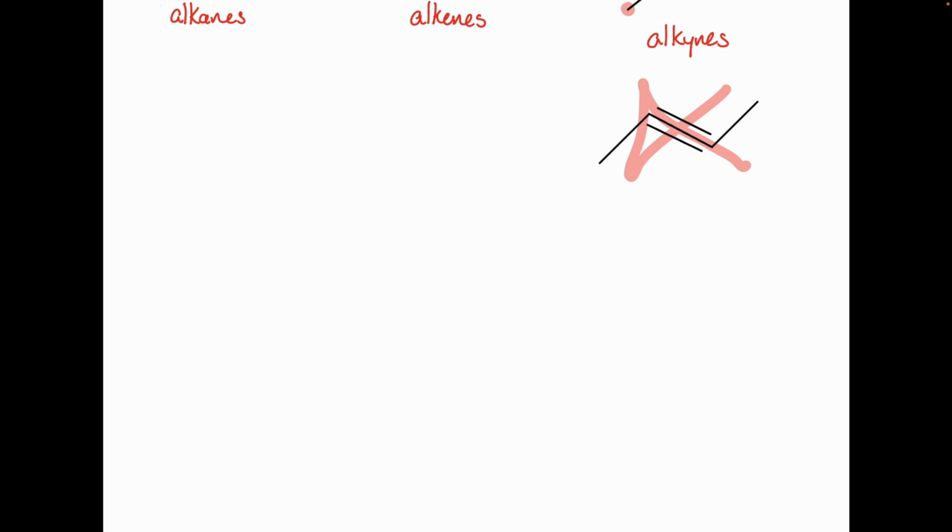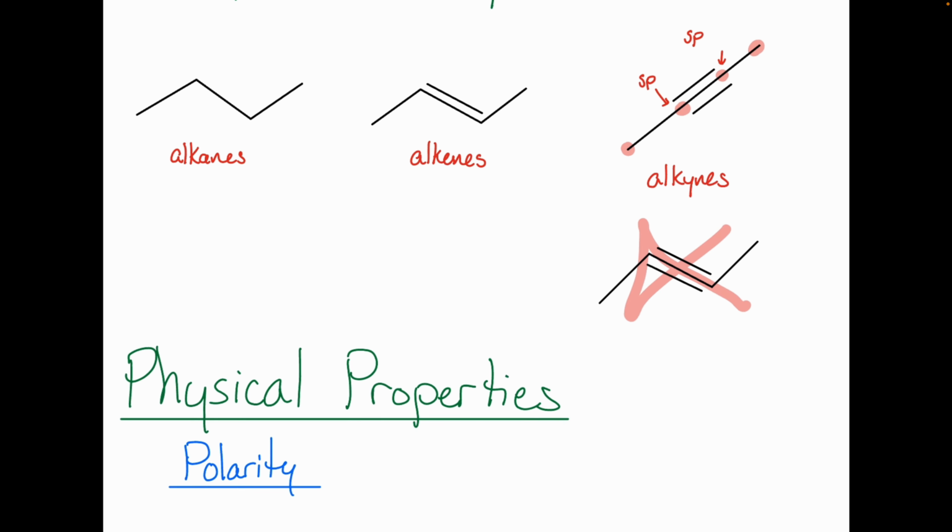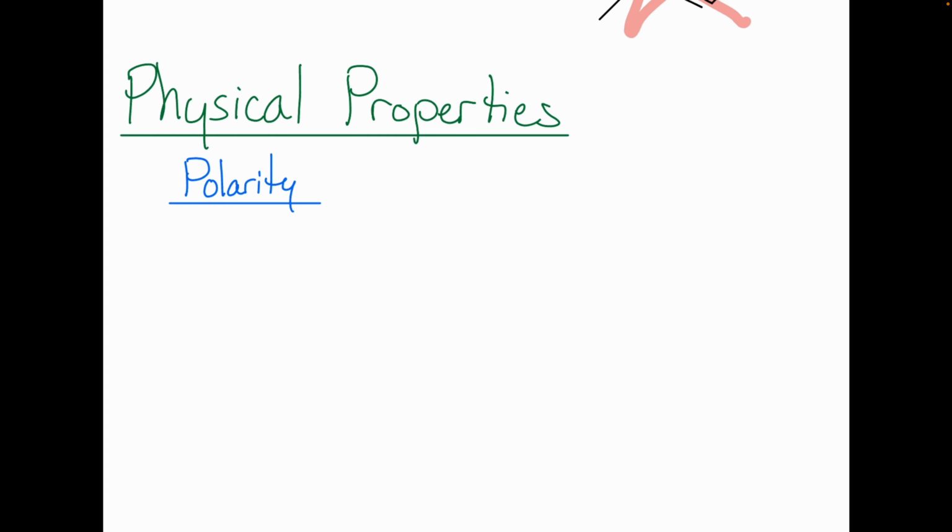All right, so first place, we're going to start talking about our alkynes' physical properties. In terms of polarity, what do we think? Polar, nonpolar? Nonpolar, we're still just only carbons and hydrogens. We don't have any polar bonds at all.